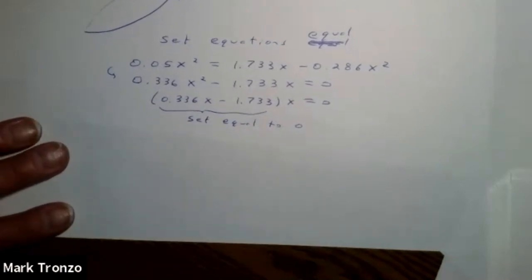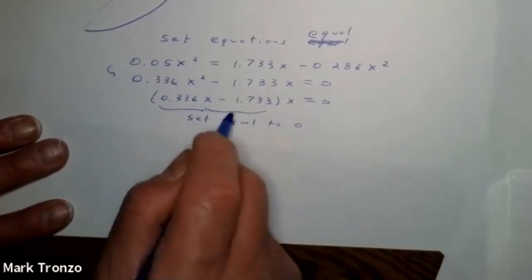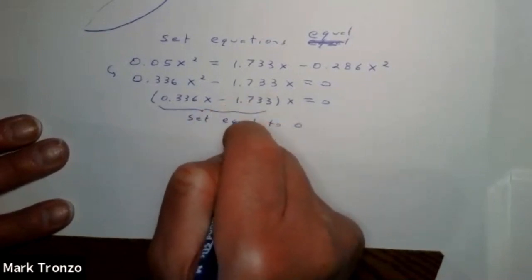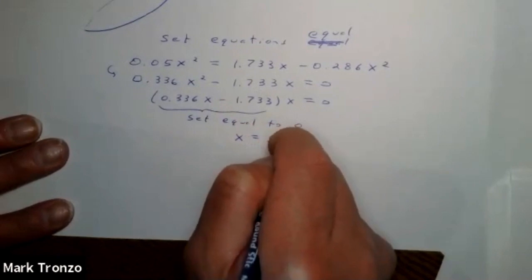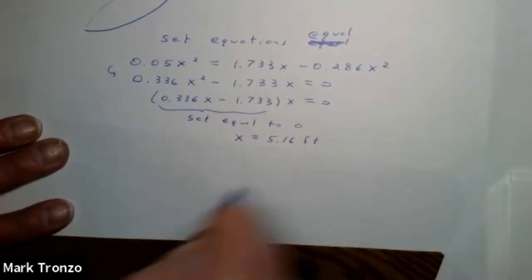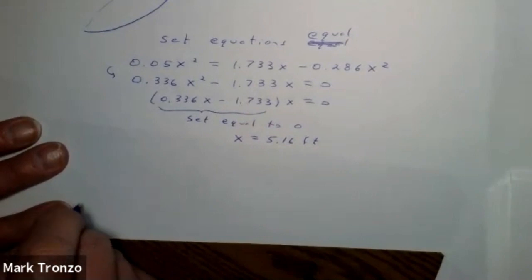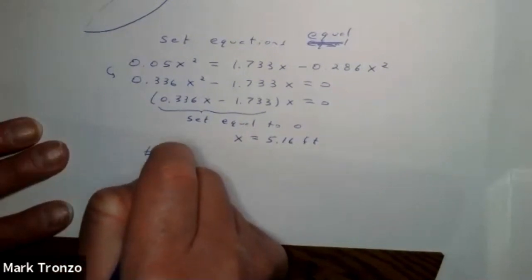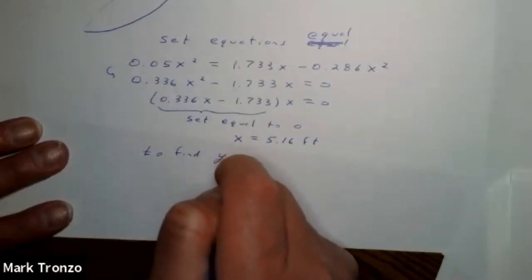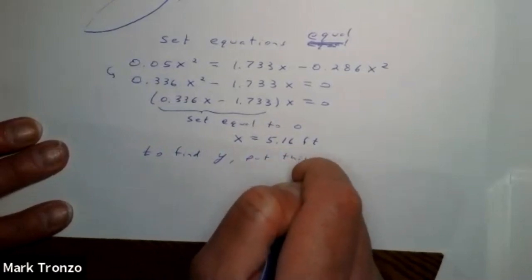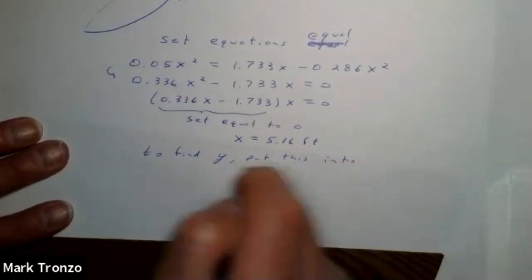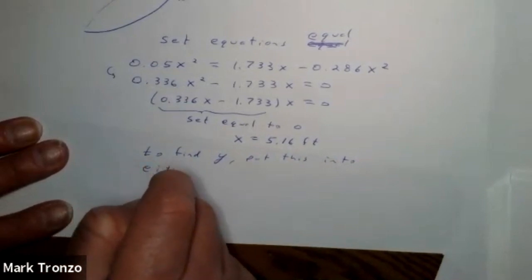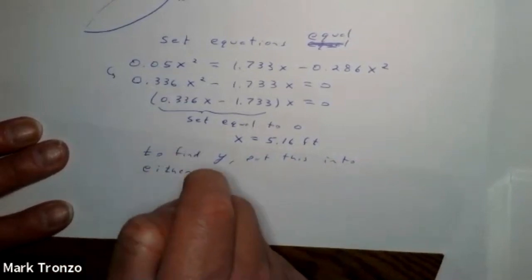And when you do that, you end up getting x is equal to 5.16 feet. And then to find y, you can substitute back in either equation, because it's intersecting at that point, so it'll be the same point for either.